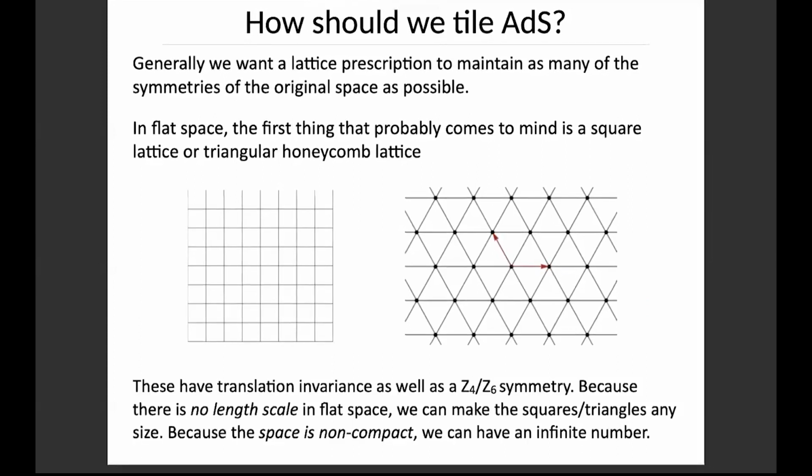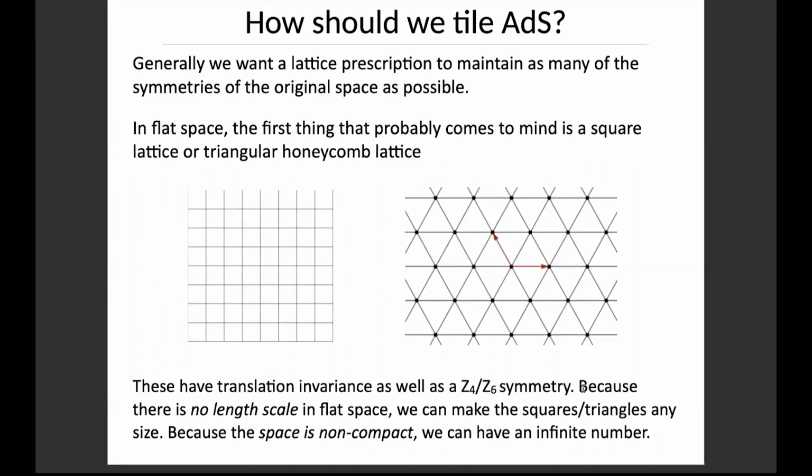And we see that in both these cases, of course, we're trying to mimic flat continuous space, but they both have their own discrete symmetry group. So on the left here, the square lattice has translation invariance, and so does the honeycomb lattice. They're realized as a Z4 or Z6 symmetry in mathematical speak. It's also important to realize that because we're in flat space, there is no inherent length scale, okay?